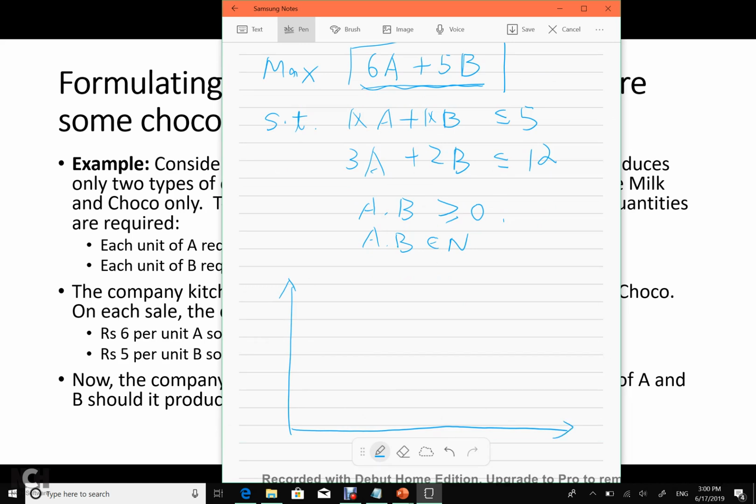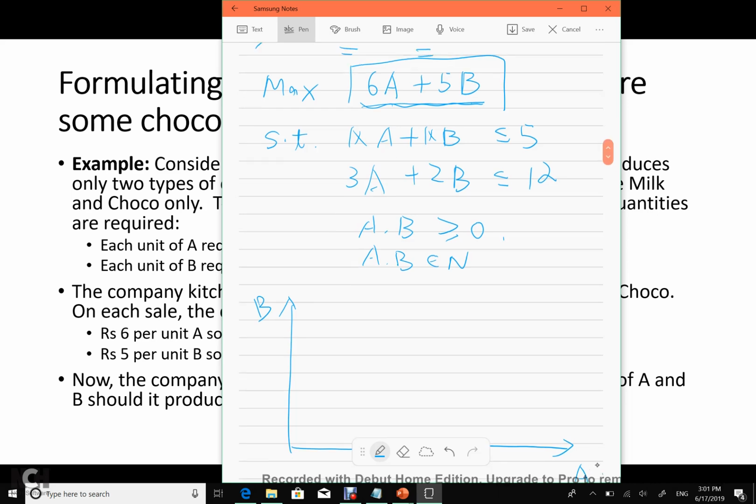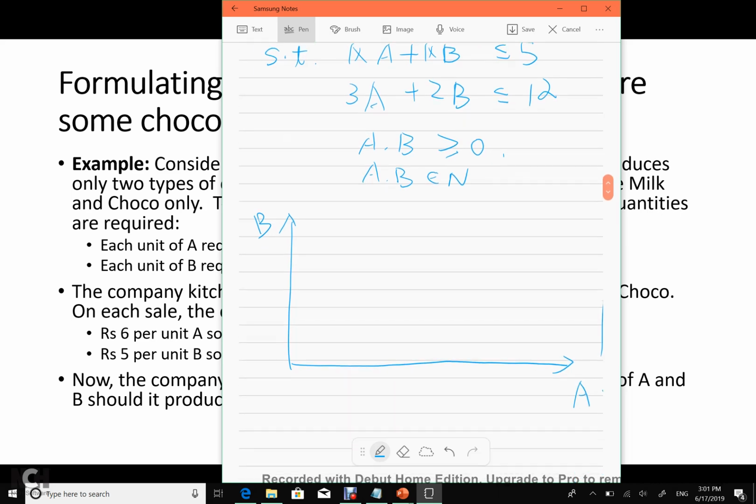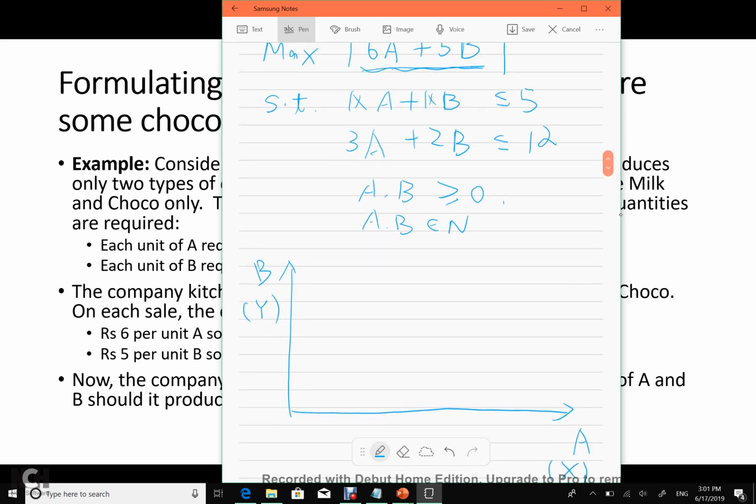So we see here, A and B correspond to the amount of A and the amount of B. If you want, you can use X and Y, it's okay, right? You can treat A to be X and B to be Y, just a label. So now let's see here.